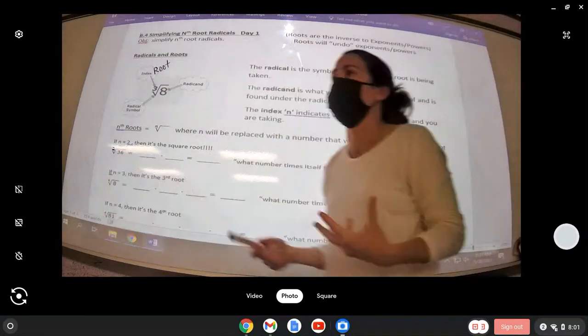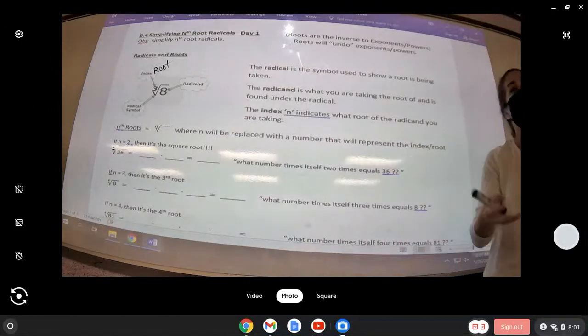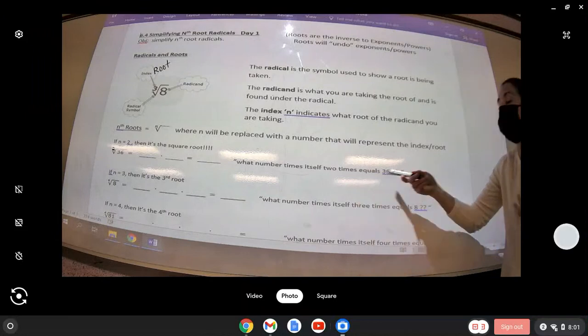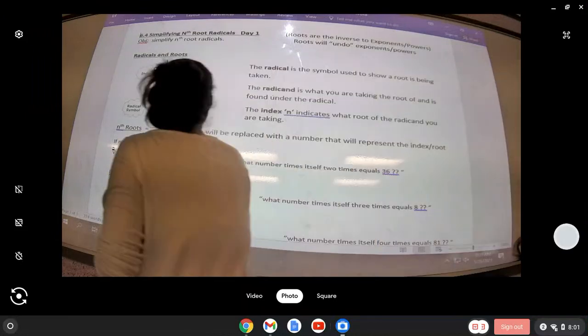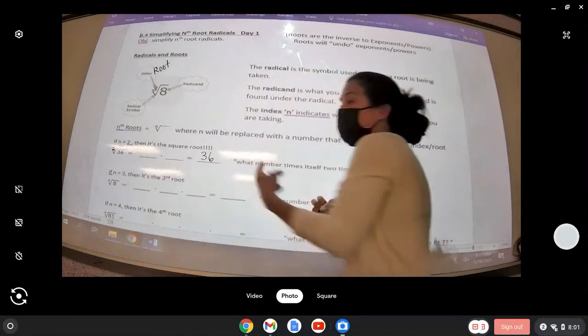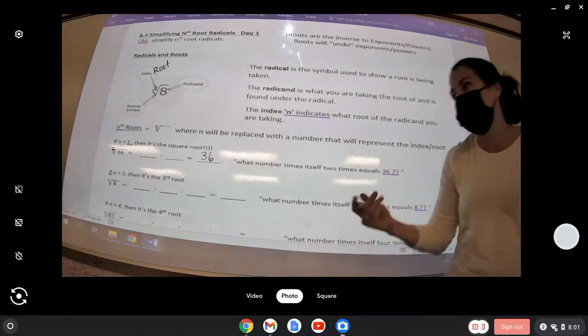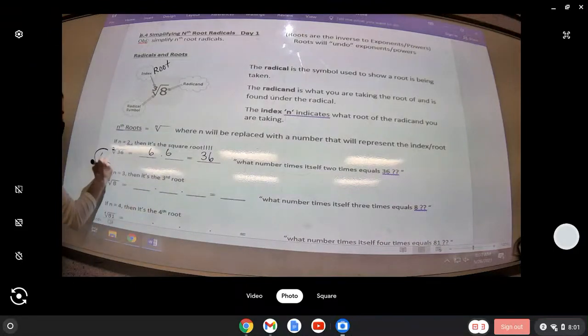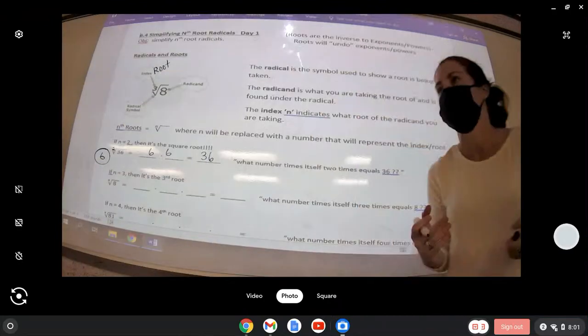If you take the square root of 36, what you're really trying to do is unsquare it. What number times itself 2 times equals 36? Does anybody know what number you can times by itself 2 times to equal 36? 6. So the square root of 36, the answer is 6, okay? You're unsquaring it. You're untimesing it by itself 2 times.